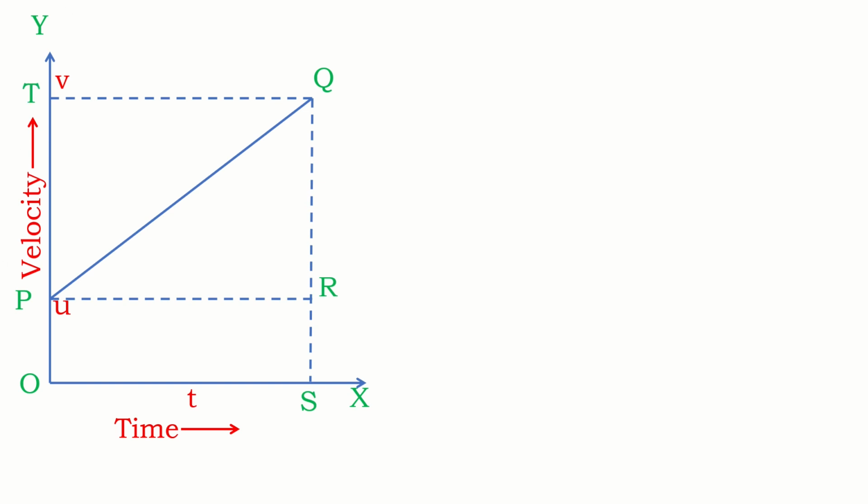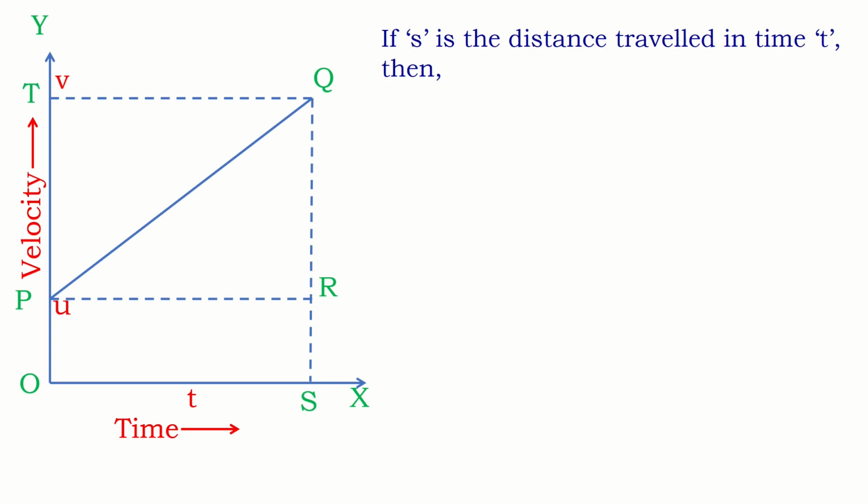Now what can we say looking at this graph? If S is the distance traveled in time t, then S is equal to area of trapezium OPQS. The area of this trapezium gives the distance traveled by this body. And area of this trapezium is equal to area of OPRS plus PQR.